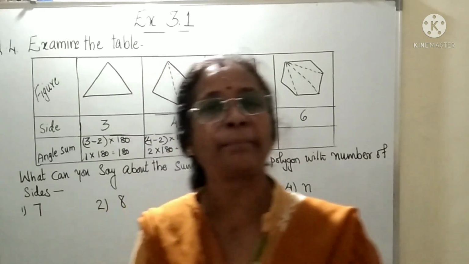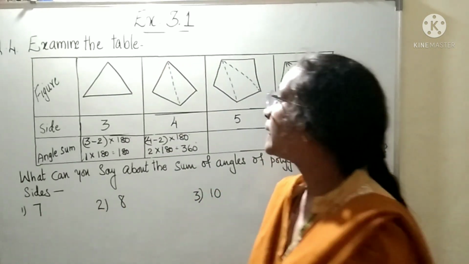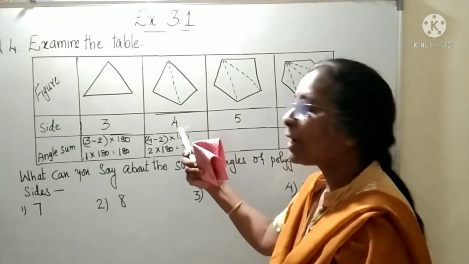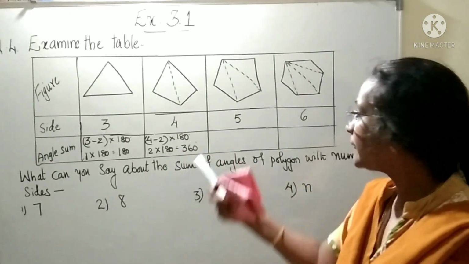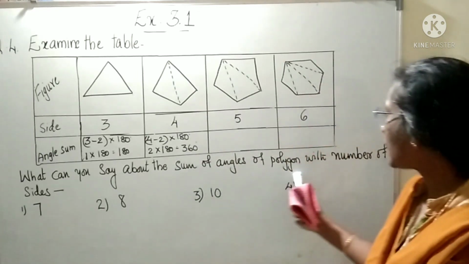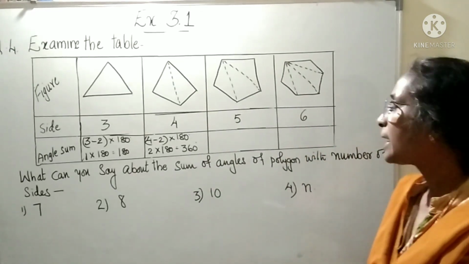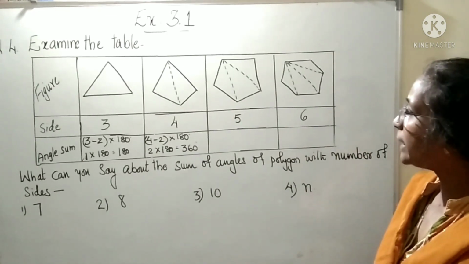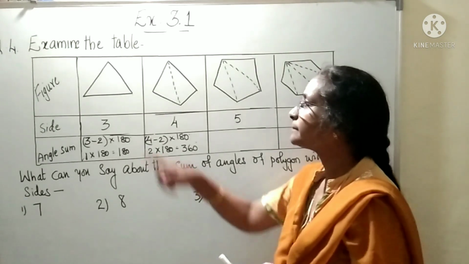Now let us see question number 4. A table is given. You have to examine the table and complete it and then answer what can you say about the sum of the angles of polygons with number of sides as given below. Now you see here, what is this figure?